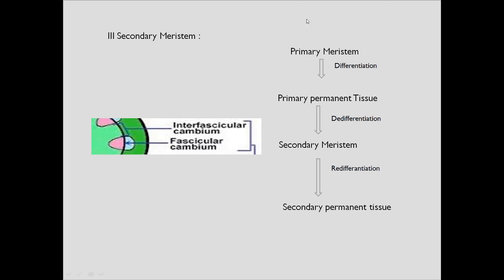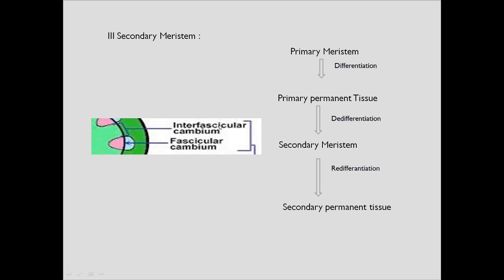What is the difference between the intra and interfascicular cambium? Interfascicular cambium means the cambium ring which is present between two vascular bundles. Intrafascicular, or fascicular, cambium means the cambium ring which is present inside the vascular bundle, in between the xylem and phloem.